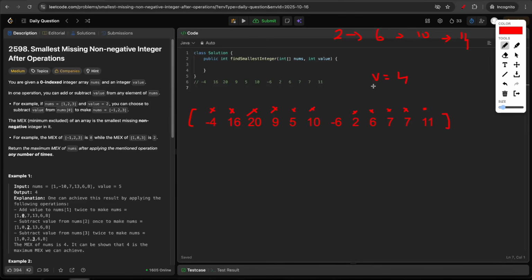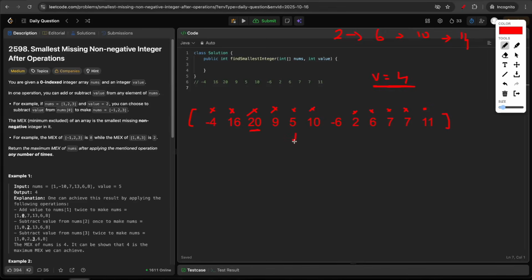Since we have the value as 4, and any number, suppose we have a number 20, it's really huge, we can decrease it by subtracting 4. And any number which is negative, like minus 6, we can increase it by adding a 4. So at any point, you can either decrease or increase a number.